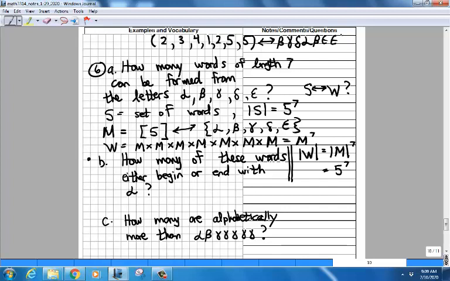Just explain why, when I look at an element of my model, and sometimes the elements of your model are going to look, not in this case, here the elements in the model do look very similar to the words, except we have a tuple as a string of numbers versus a string of letters, but those are very similar things. But sometimes the elements of your model look a lot different than the elements of the set you're trying to count.